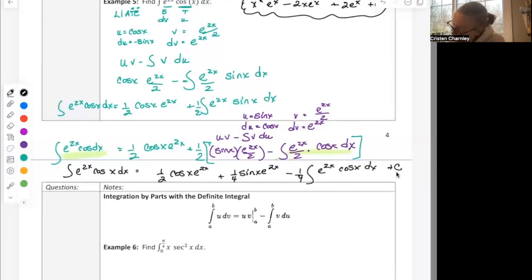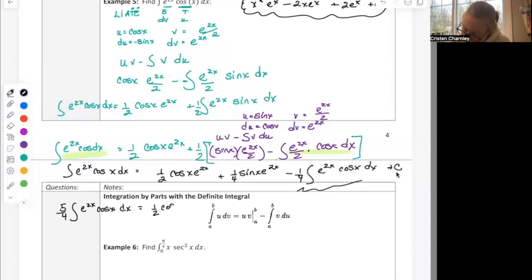If I take this piece on the right and add it to the left, 1 plus 1/4, so this is going to be 5/4 integral of e to the 2x cosine of x dx. I know, this is crazy.